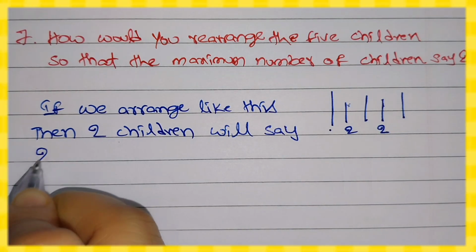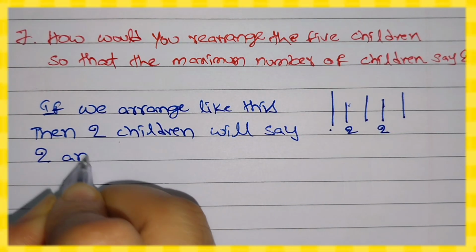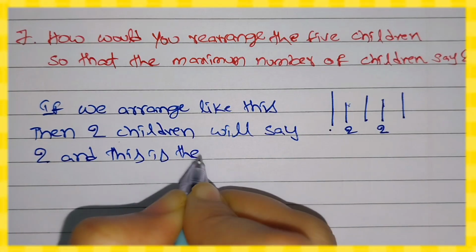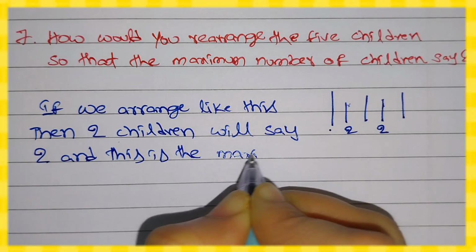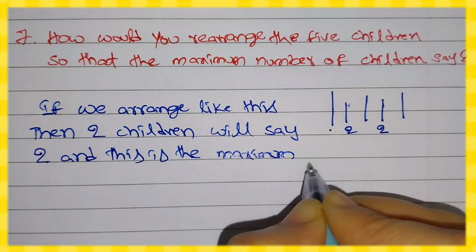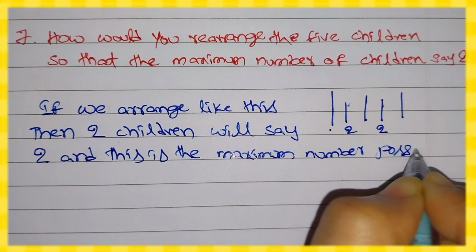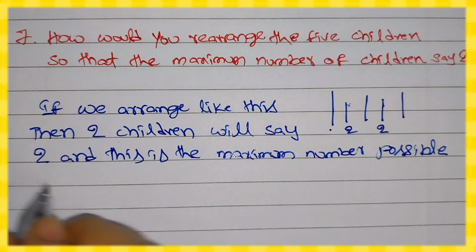So, if we arrange like this, then 2 children will say 2. We need to arrange the children so that as many children as possible have taller neighbors on both sides. So this is the maximum number of possibilities where the children say 2.